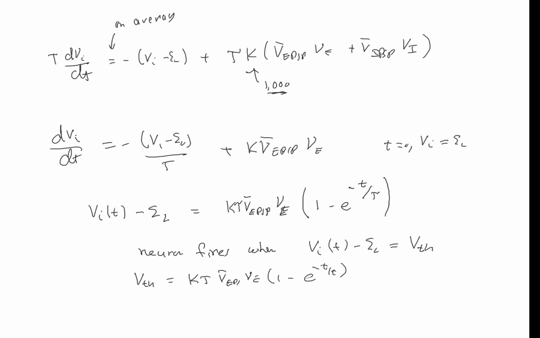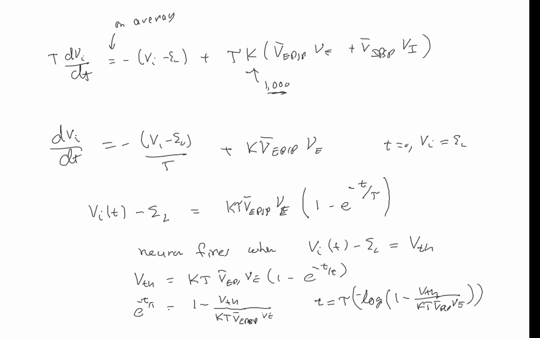If you solve this, you get e to the minus t over tau equals one minus VTH over K tau nu bar EPSP nu_E, or t equals tau times minus log of 1 minus VTH over K tau nu bar EPSP nu_E.